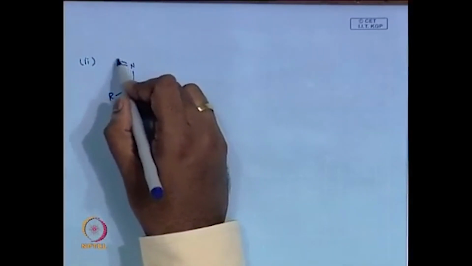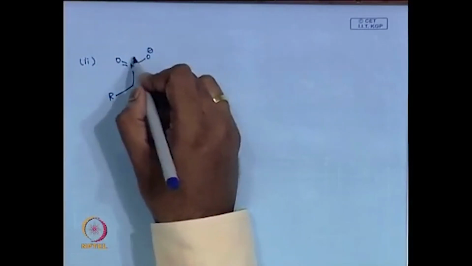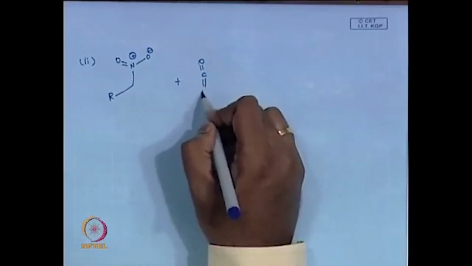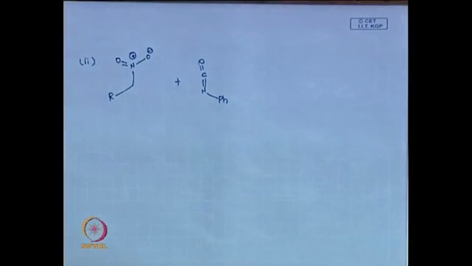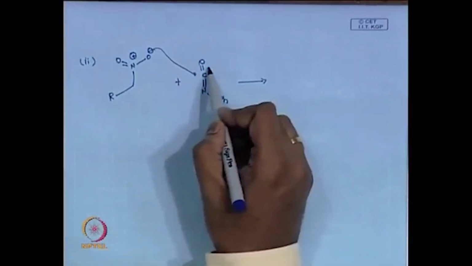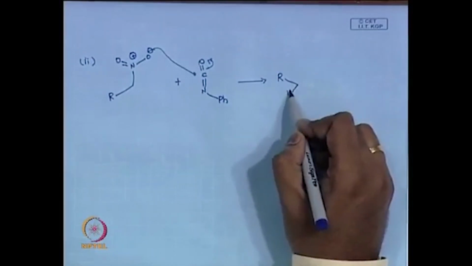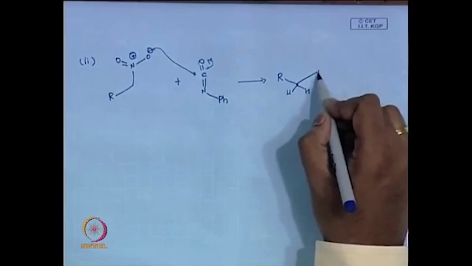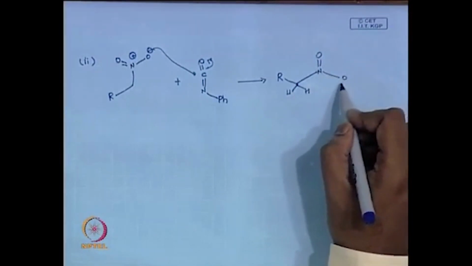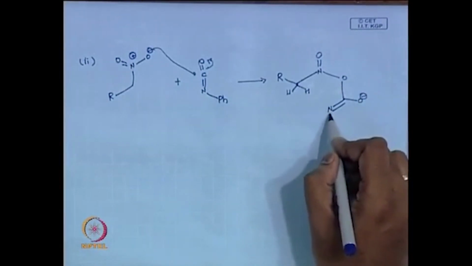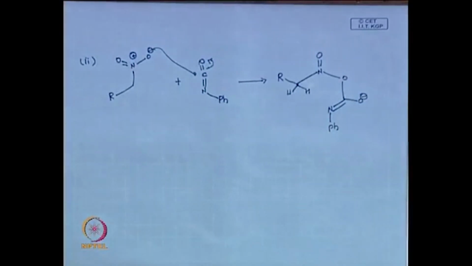You can take your nitro compounds, O minus N plus, with your phenyl isocyanate. So, what will happen? I will get R CH2 CH2, and I have my N and phenyl. You can get this product.